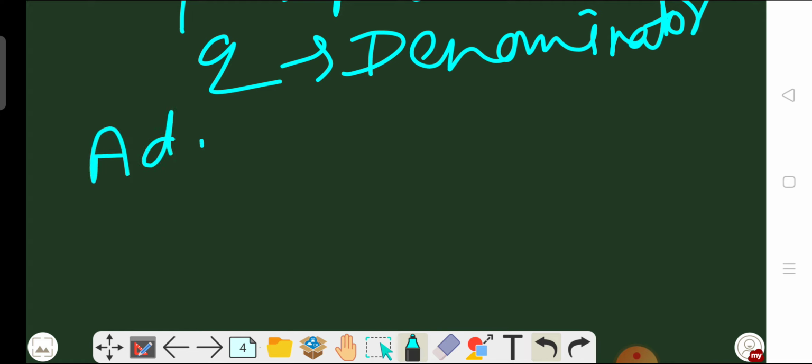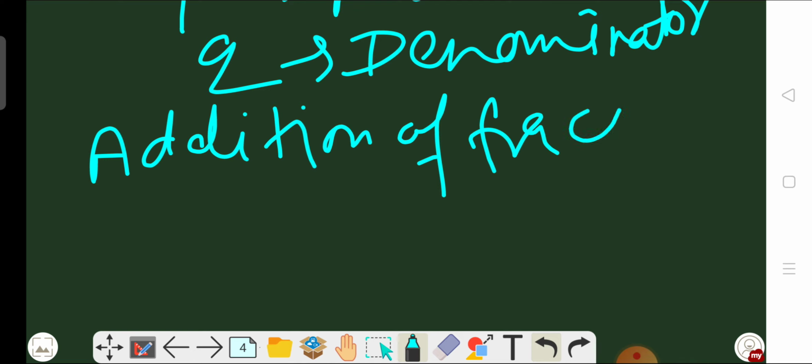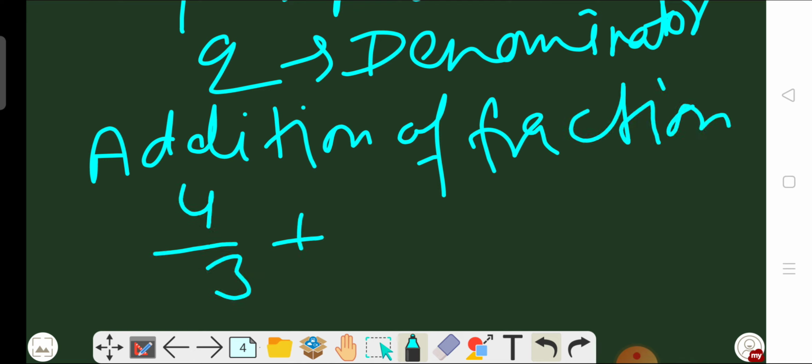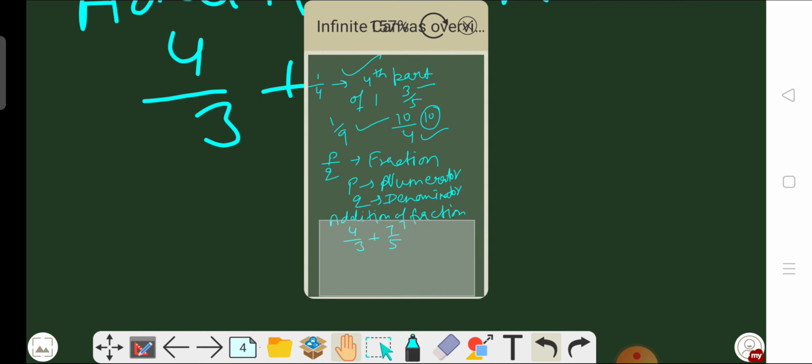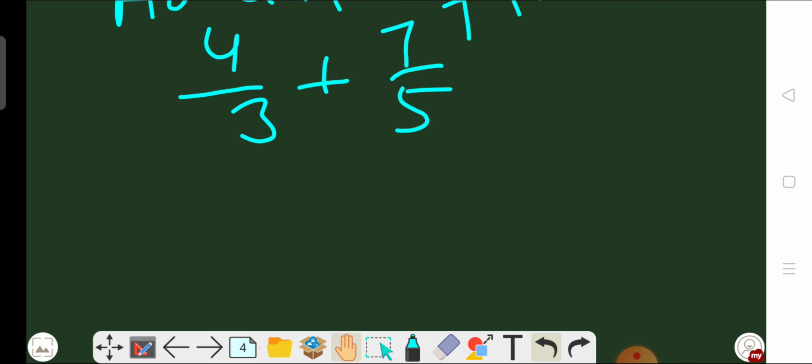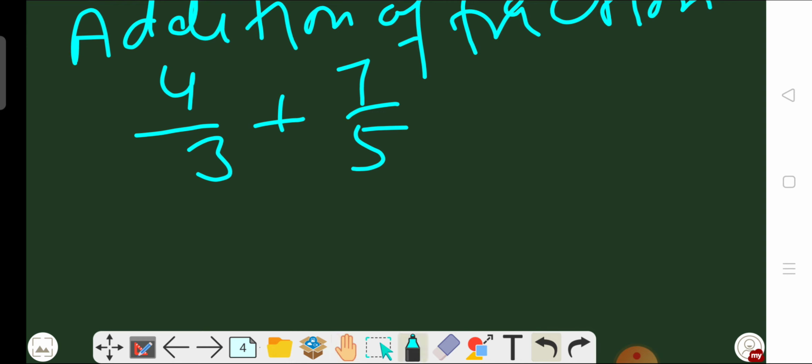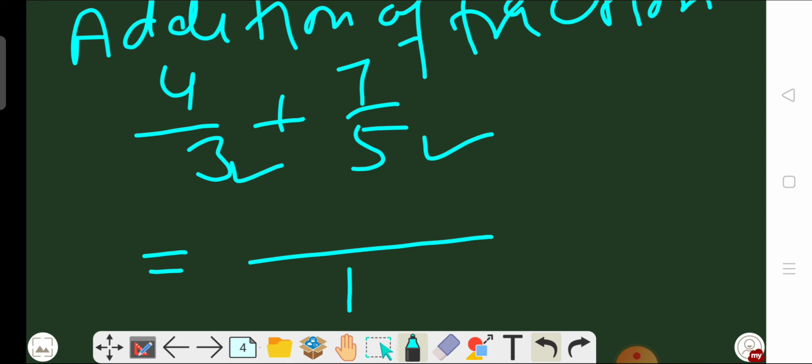So addition of fractions. 4 by 3 plus 7 by 5. These are the two fractions and we have to add them. To add the given fractions, firstly we have to take the LCM of the denominators. So what are the denominators? 3 and 5, and the LCM is equal to 15.